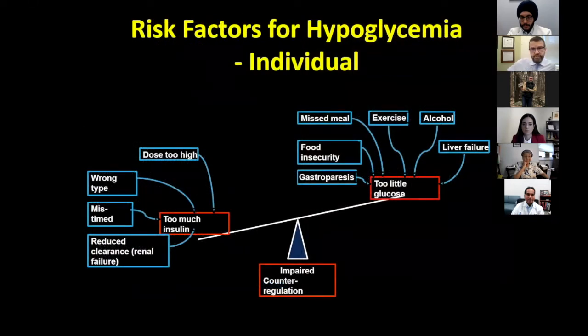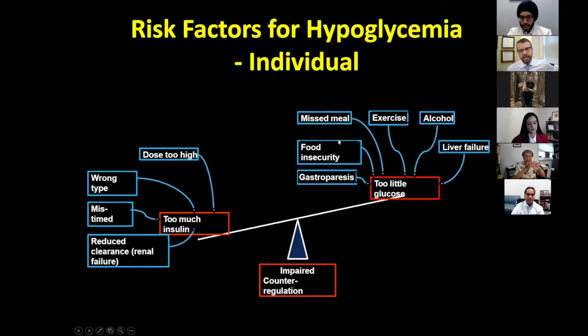At the level of the individual with hypoglycemia, and this can be either in the ambulatory setting or when we see an inpatient as well, we want to think, what are the factors that are going to put them at risk? And it does boil down to insulin, glucose, carbohydrates, with a number of factors impacting that.